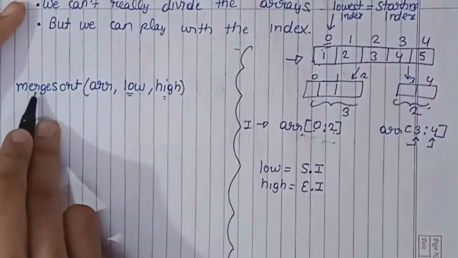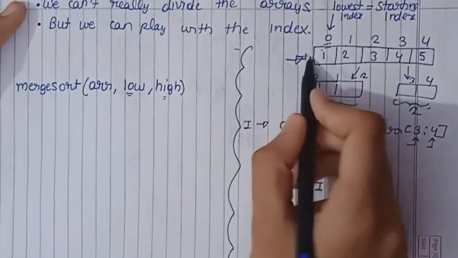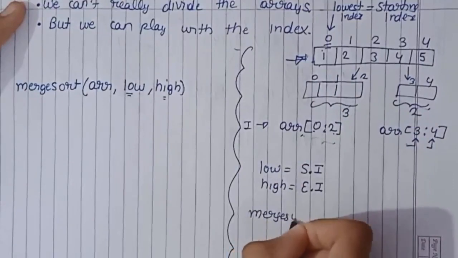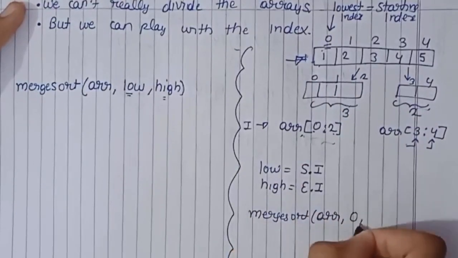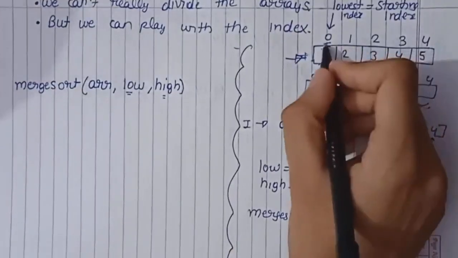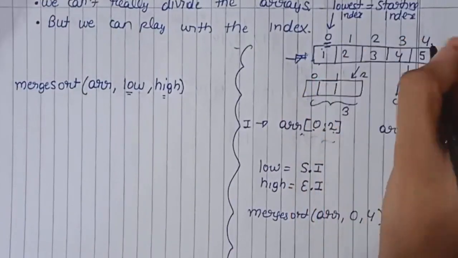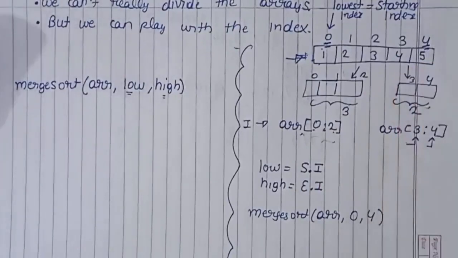So if I want to pass this array to the merge sort algorithm in the first go, I will pass it as merge sort array 0, 4, because in the first run the starting index of this array is 0 and the ending index of this array is 4.